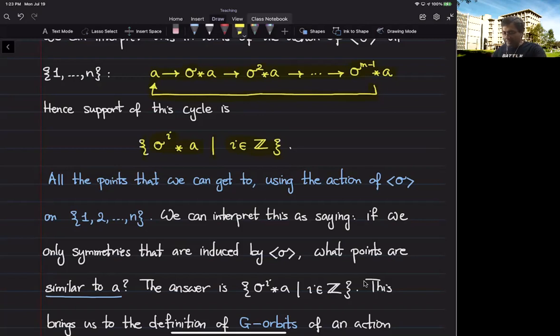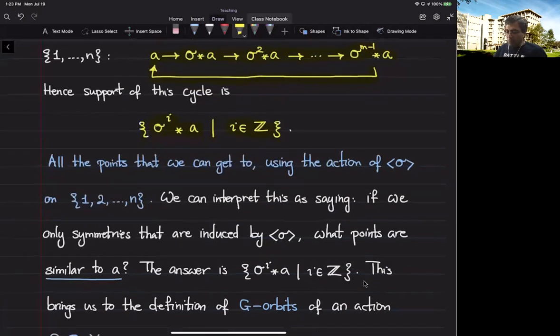Okay, so we can again interpret this if we only use symmetries that are induced by the cyclic group generated by sigma: what points are similar to a?